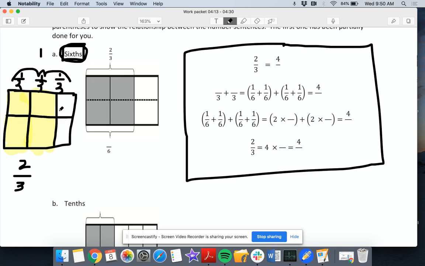So my unit fractions now will be what? Yeah, exactly. So 1/6. How do I know that again?